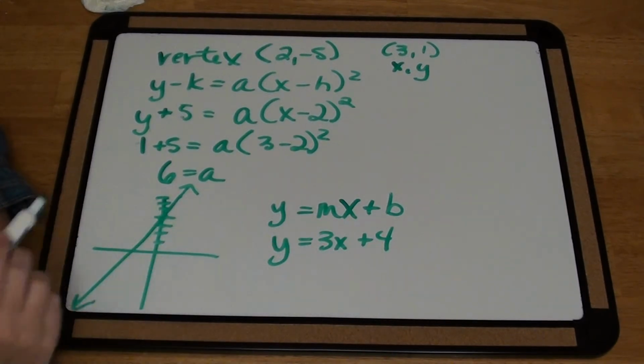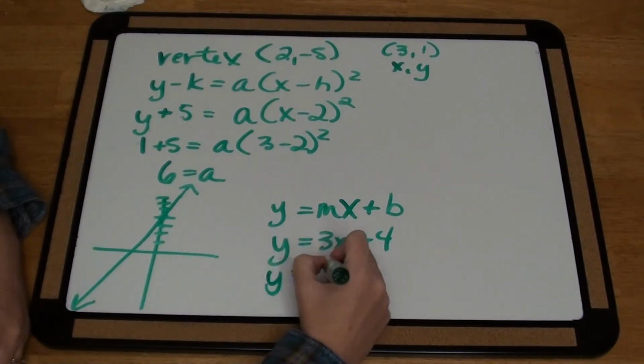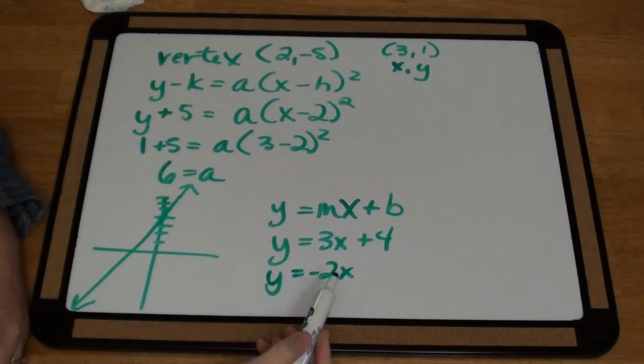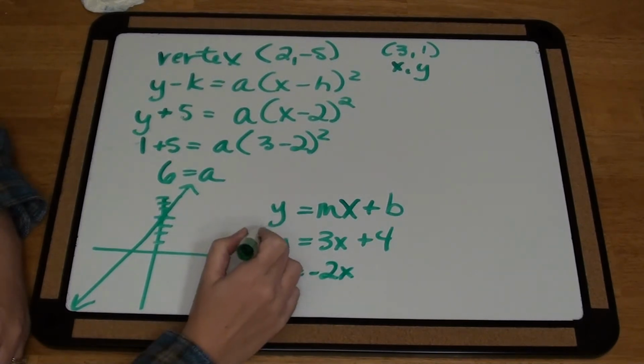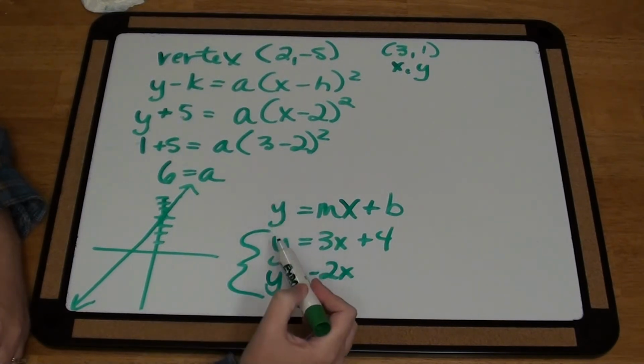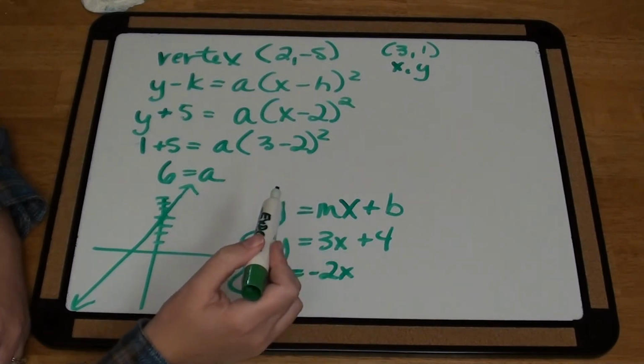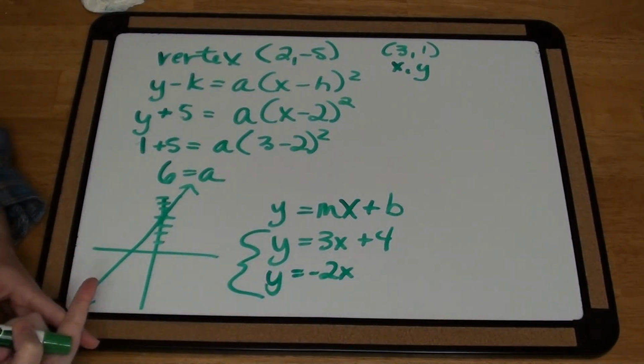The only way to narrow this down to one point is to come up with another line. Let's say y equals negative 2x. Okay, well now, if I'm trying to solve this set of equations, what I have to remember is that this is a line because I have one equation and 2 unknowns. This is a line because I have one equation and 2 unknowns. And when I graph both of them, where they intersect is the solution.